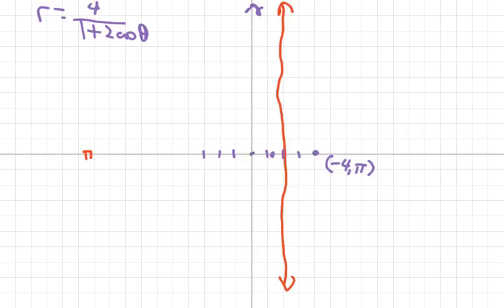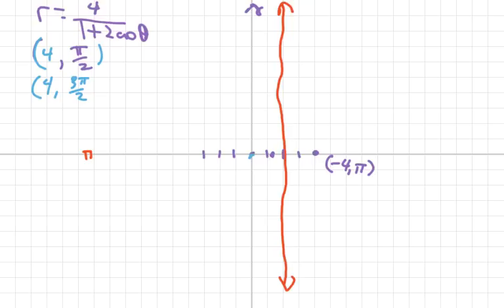We know that cosine of pi over 2 is 0, so when I put pi over 2, I'm going to get 4. And the same thing's going to happen when I plug in 3 pi over 2. I get 4.